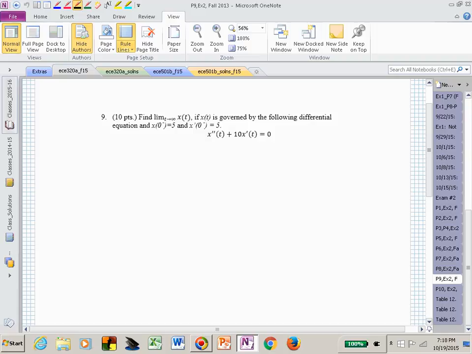Now we have to Laplace transform this to get an expression for capital X of s and then apply the final value theorem. Which means that once you've Laplace transformed, you still need to check: is this an okay expression to use the final value theorem on?